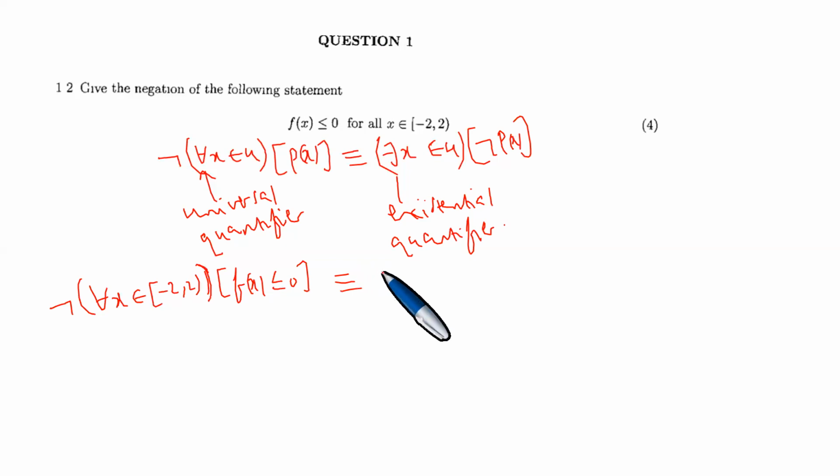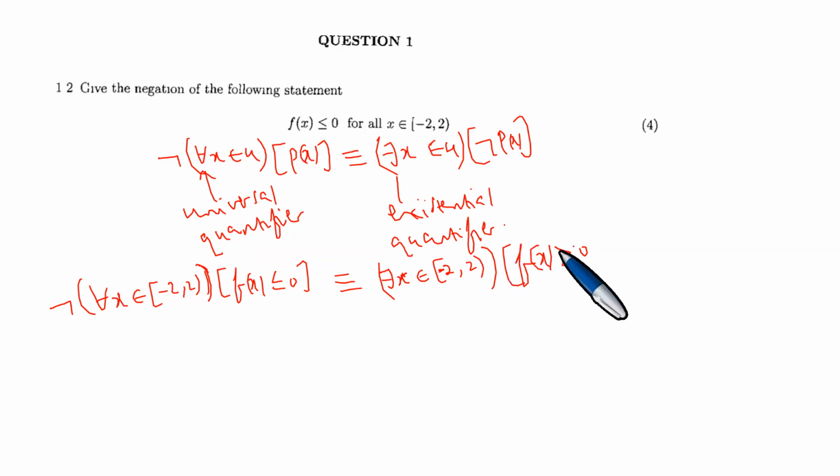So you negate that, it means therefore there exists x, which is an element of the interval, and then not this, f of x would be bigger than 0. Okay, so we're done.